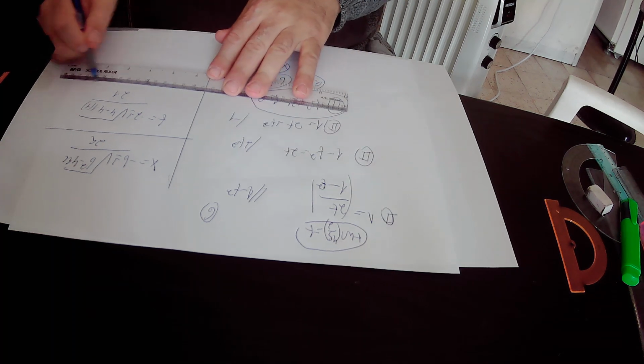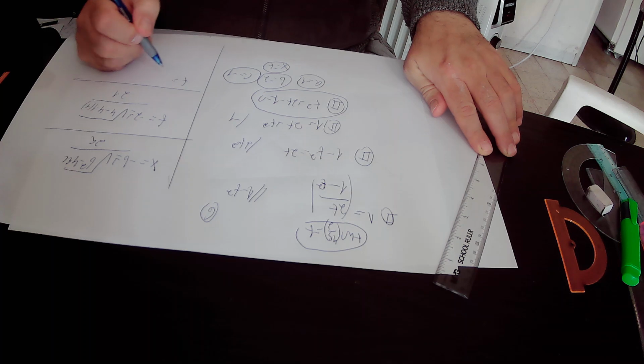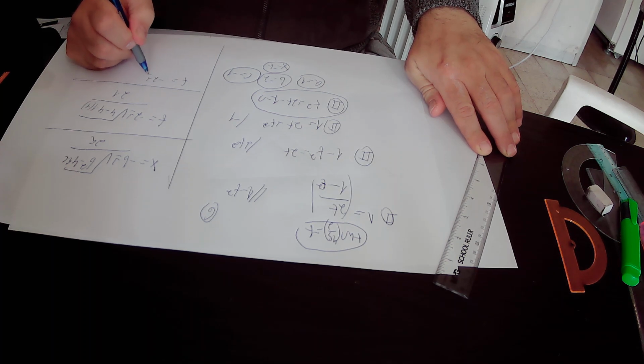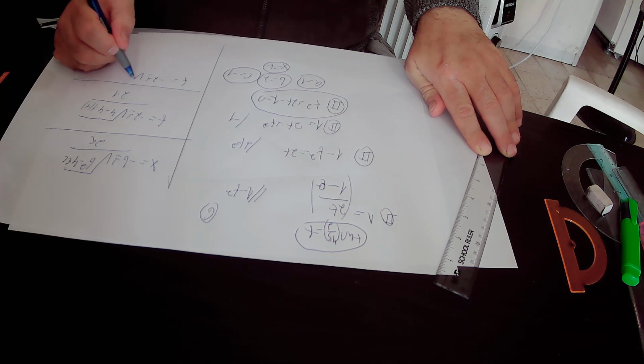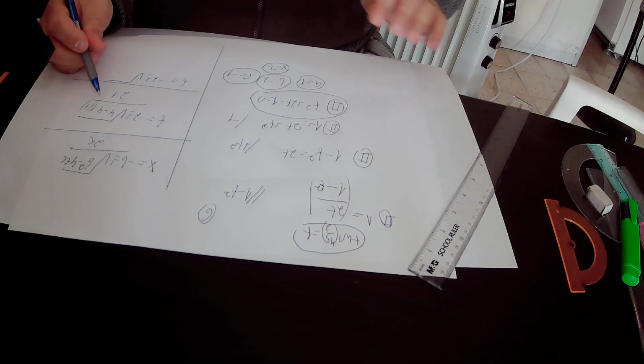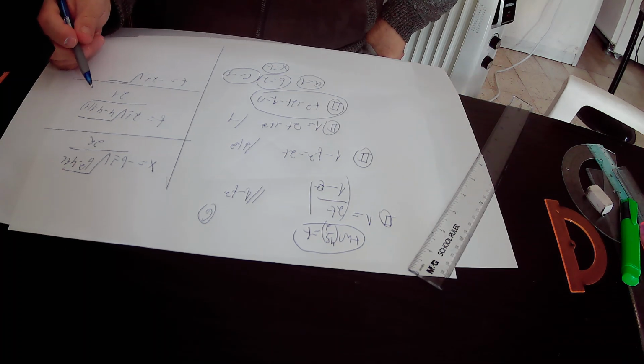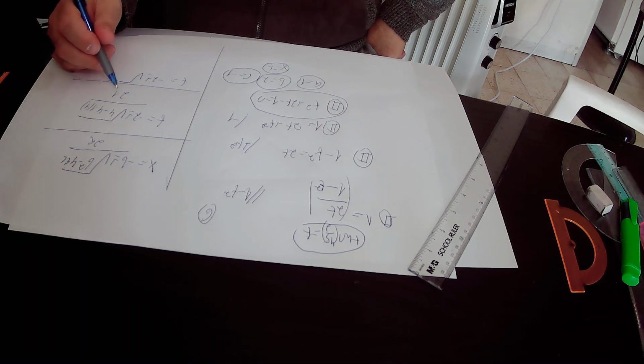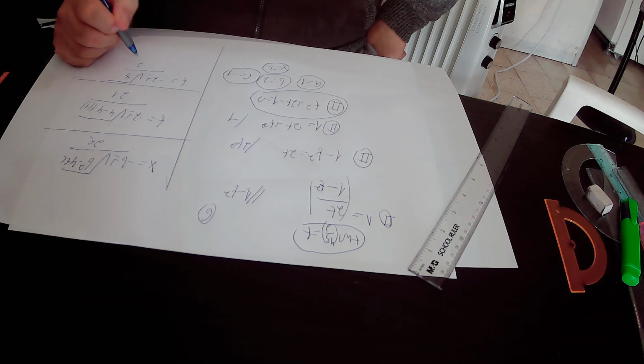So t equals minus 2 plus minus square root of 4 minus 4 times minus 1, which is plus 4. So it is 4 plus 4, that is 8, over 2.